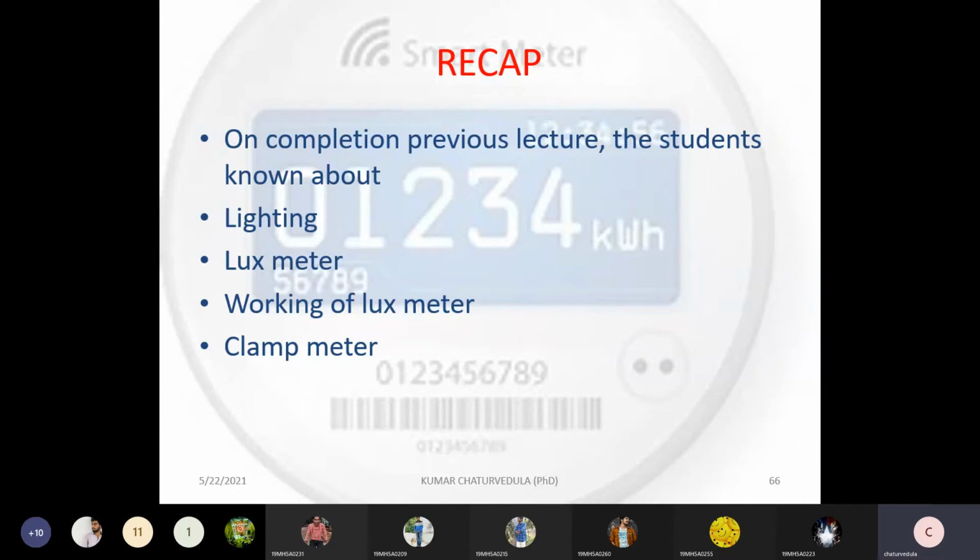There we are using a photodiode principle. As I told you, when light falls on that diode, it is converted into electrical current. The more the brightness, the more current flows, and resistance starts decreasing. That's the operation of the lux meter which was discussed in the last class.